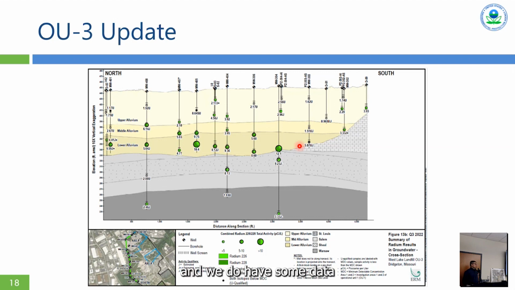I understand, and we do have some data from the wells from previously, but I have not compared it to what we saw previously, so I'm not sure I can answer the question. We are seeing concentrations from non-detect upgradient that increase downgradient. They do get lower as you move away from the site.